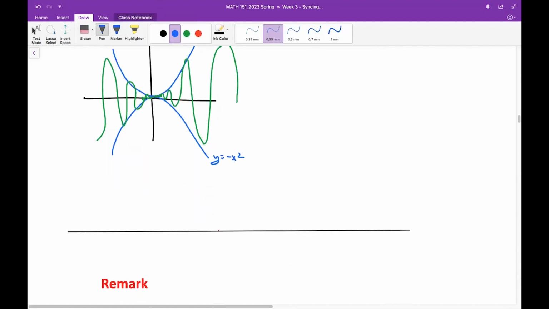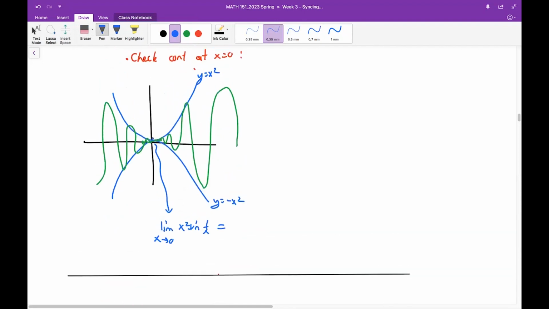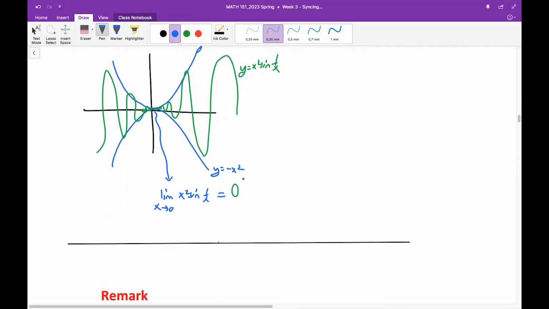So what about the limit at the origin now? The limit of this function x squared sine 1 over x as x goes to 0 is what? As you can see, this value is forced to be 0 around the origin. This is the graph of sine 1 over x, by the way. Okay, this is 0. And what about the value of your function at 0?